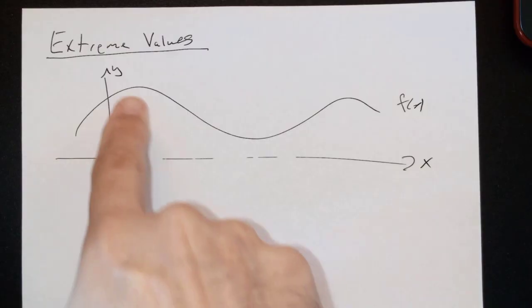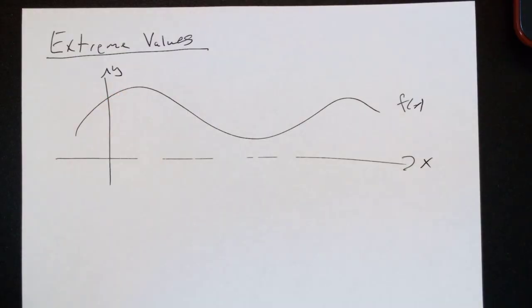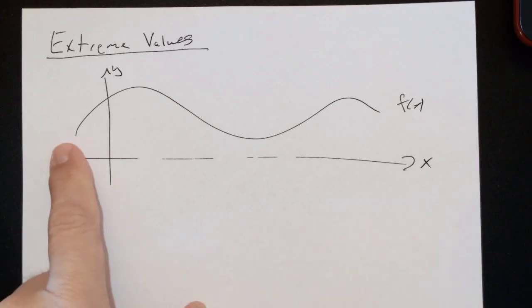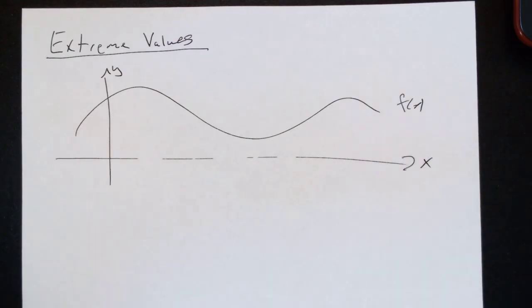Sure looks like it. Is there a lowest point on this graph? Maybe. If I assume this is the whole graph, it ends here and here, then yes, there's a lowest point. But if, as we see with most of our pictures, it continues downward, then maybe there isn't a lowest point.